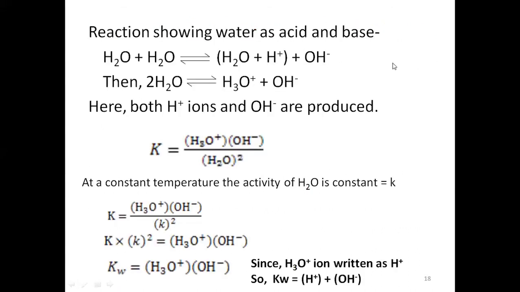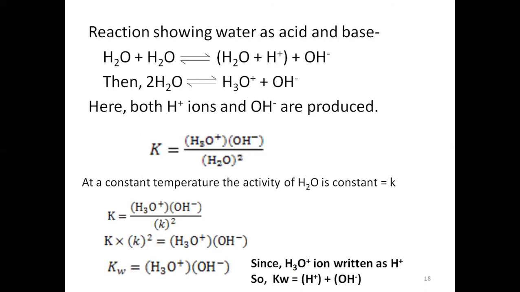For example, in water, the reaction will be of this type: water plus water equals hydronium ion plus hydroxyl ion. Here both the proton or hydronium ion and the hydroxyl ion are produced. And we know the equilibrium constant according to the law of mass action: K equals hydronium ion times hydroxyl ion divided by H2O squared.